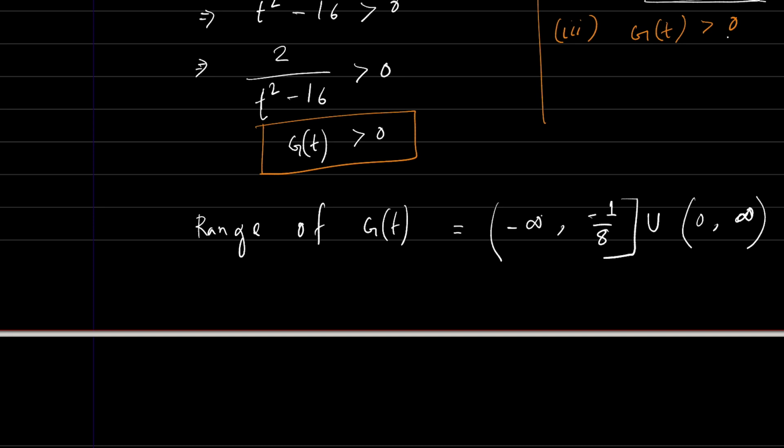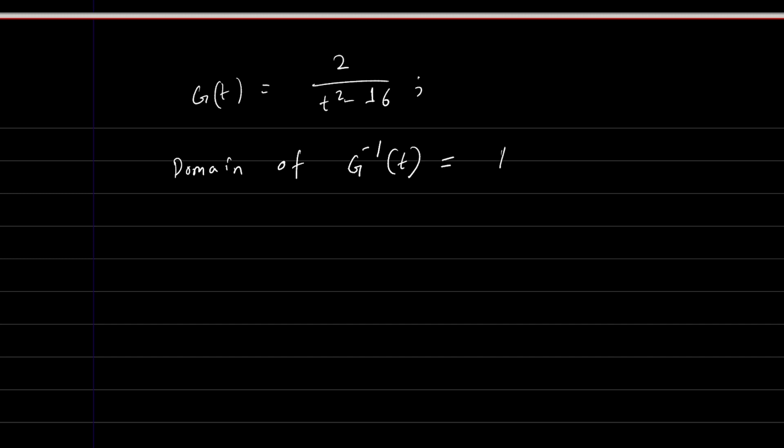This range can be verified in another way. The given function g of t was 2 over t square minus 16. We know that the domain of g inverse of t is equal to the range of g of t. Find the inverse function of g of t: let y equal 2 over t square minus 16 and solve for t.